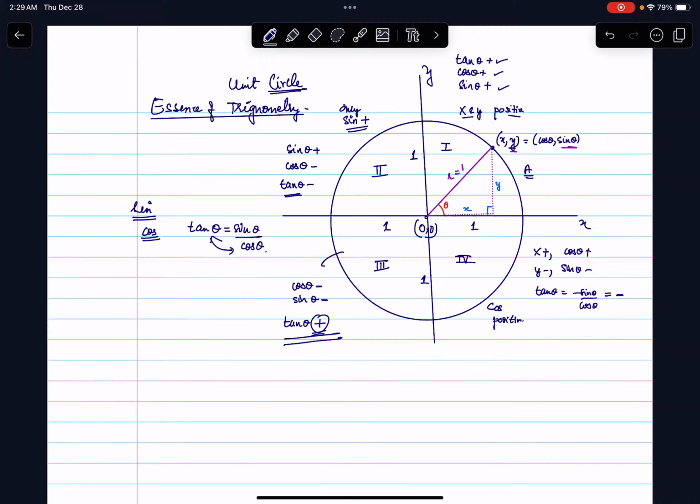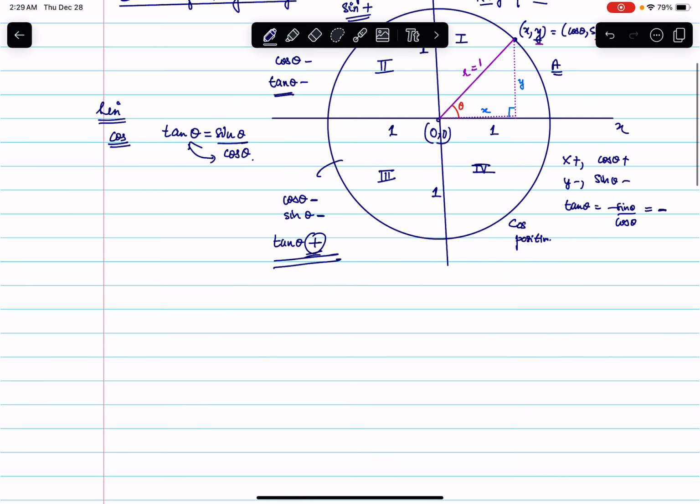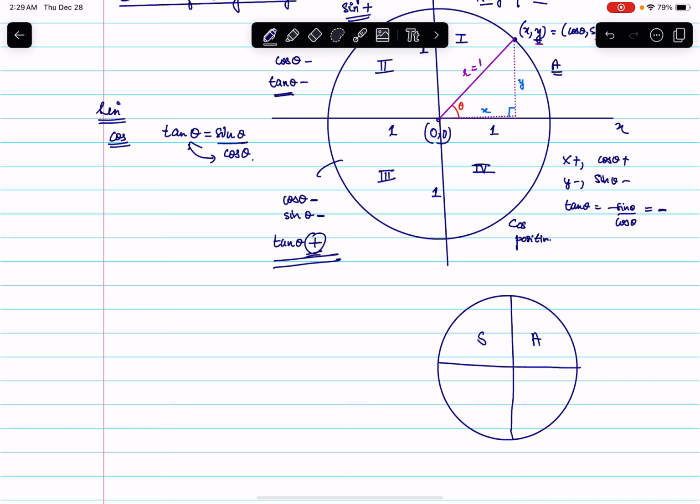So if you would have done trigonometry, your teacher could have used a few acronyms, right? I remember the way I was taught, they would say something like ASTC. So it was like all silver teacups, right?